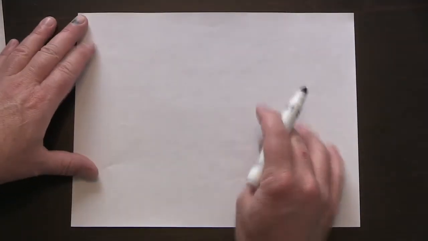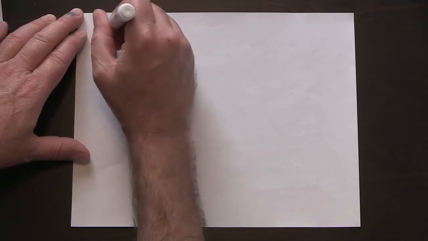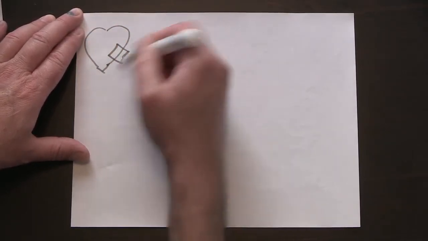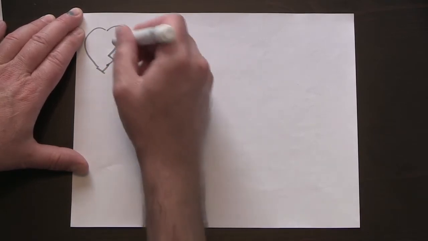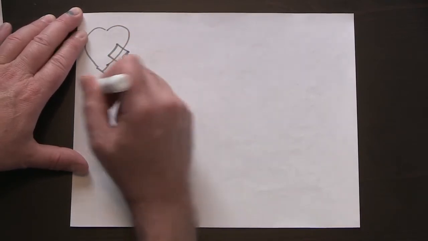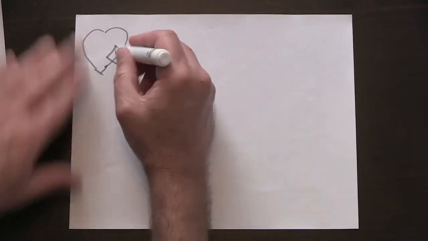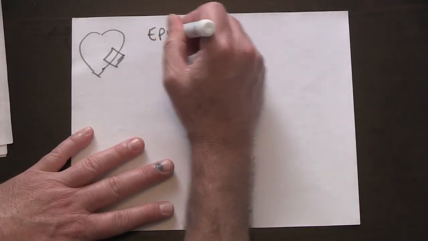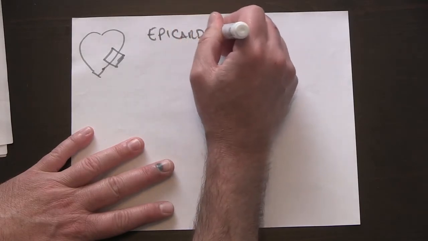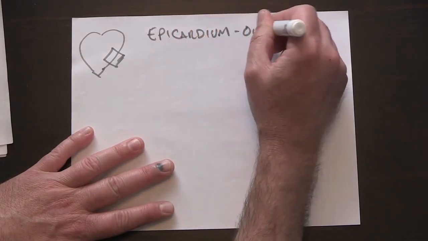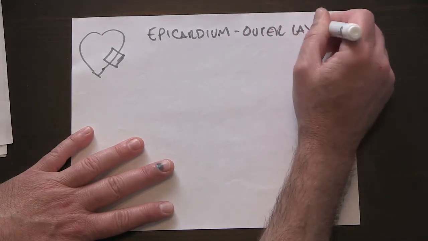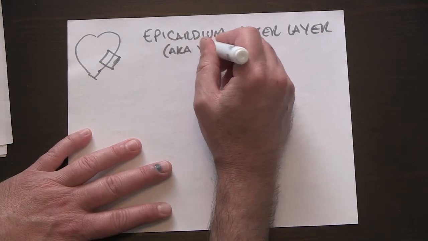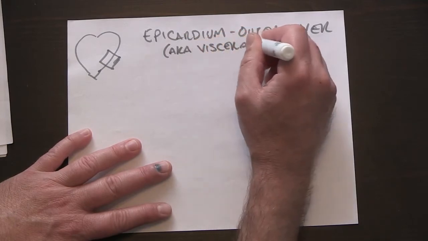The wall of the heart itself, so if we took the heart and took a section of it and looked at it, here, this outer layer, like we talked about, is called the epicardium. It's also known as, as we said, visceral pericardium.